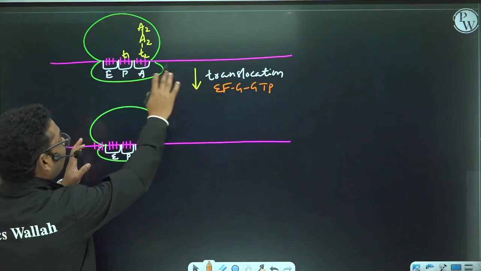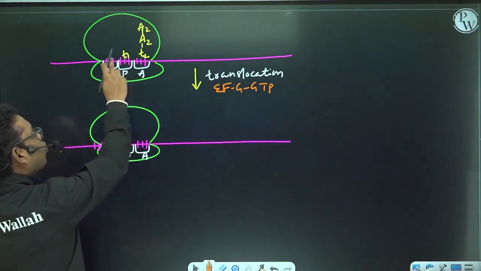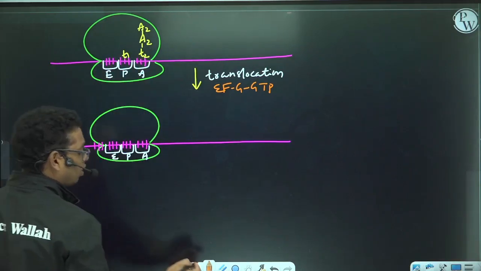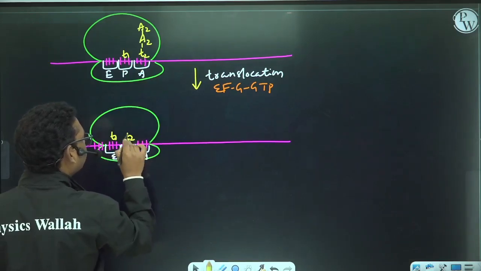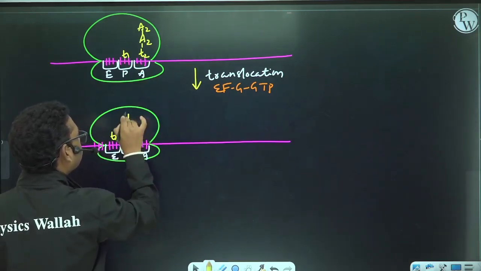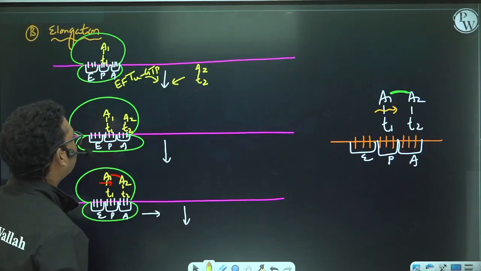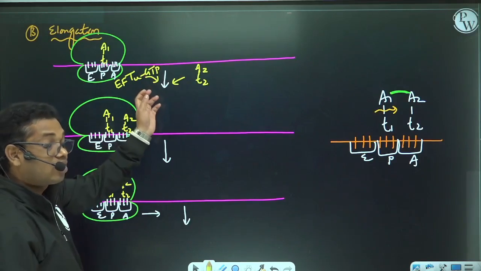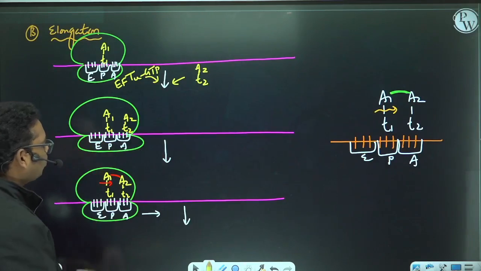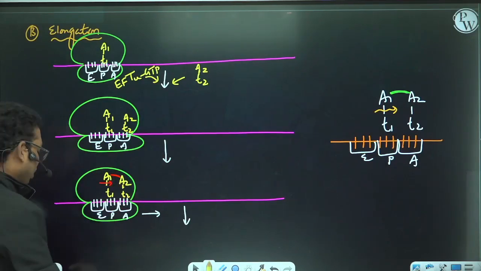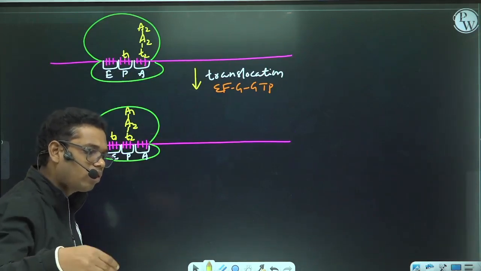Okay, so when the ribosome moves, what will happen? The uncharged tRNA will move here, and this tRNA will move here. So I can write here that this will move here and this will move here. And the same steps, that is, the coming of the third tRNA with the third amino acid, the breakdown of the bond, formation of the peptide bond and the translocation, will keep on happening.